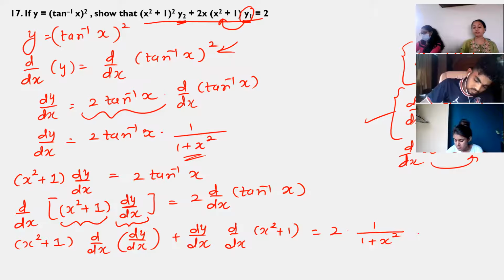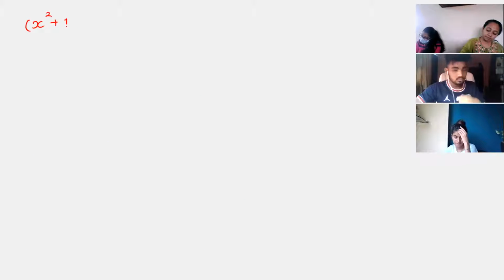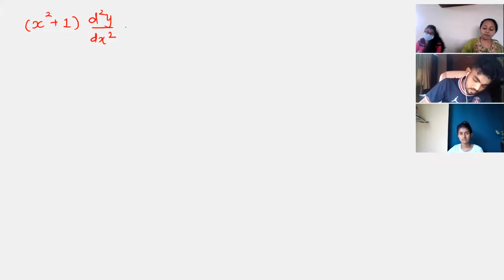Let's start doing the arrangement and all. Okay. Let me start doing this d by dx of dy by dx. It is d2y by dx2, we can say y2 also. As of now, I'm writing this.